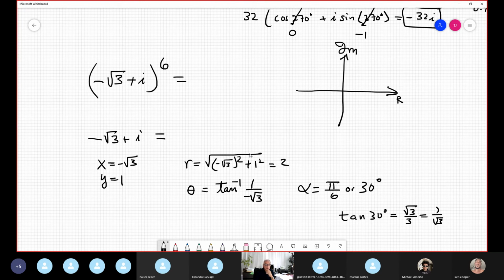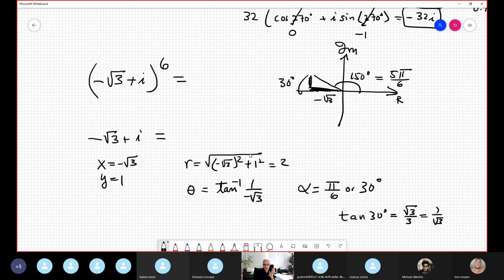The real part is negative, down here, negative radical 3. But the imaginary part is positive, here, 1. So my complex number lies in the second quadrant. And the angle, of course, see, this is 30 degrees. This is 150 degrees. It's like 5 pi over 6 in radians. Makes sense?